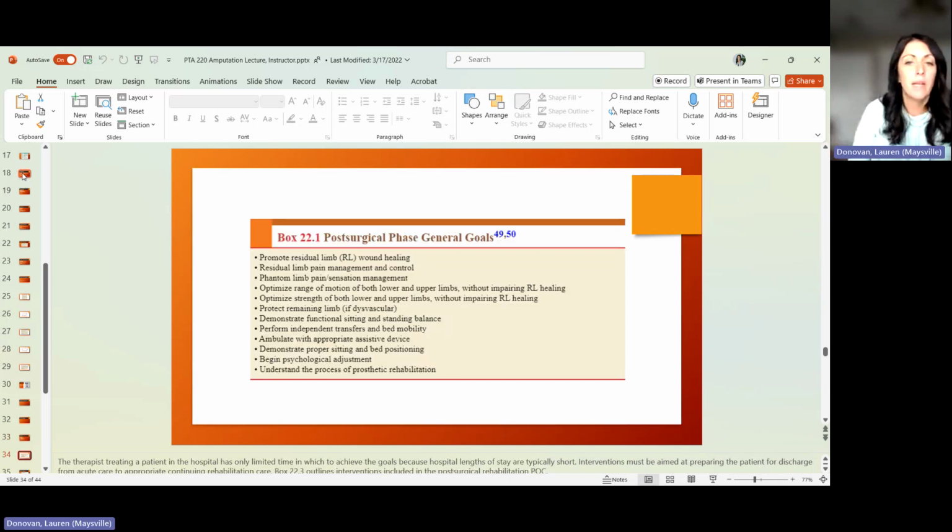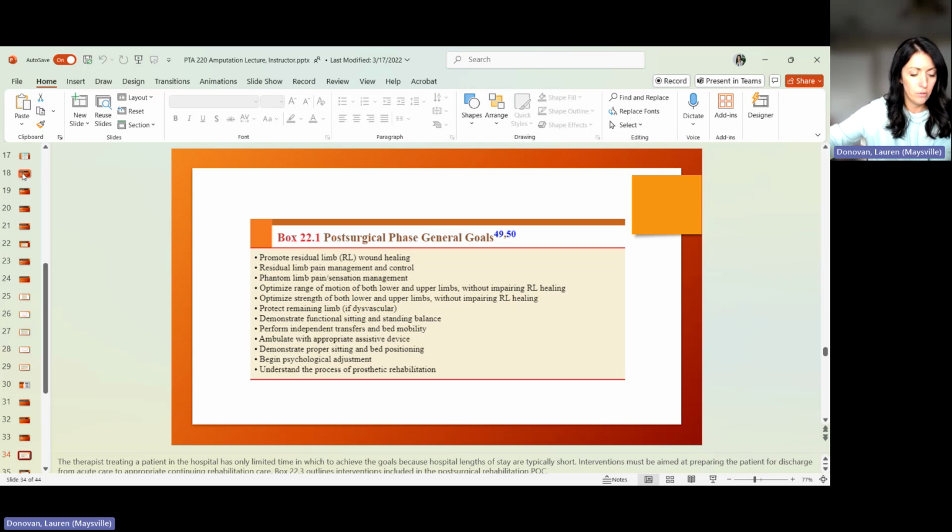Here are some post-surgical phase general goals: still promoting healing, optimizing the range of motion, and optimizing strength of both lower and upper limbs without impairing the residual limb healing. So at this point, you should start to be able to implement more resistance type training depending on how the scar is, how it's healed. Nothing's altering the healing.